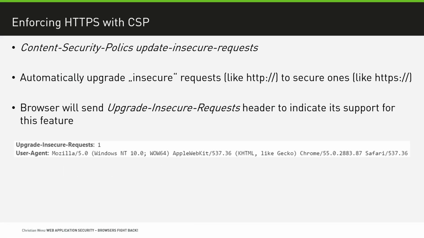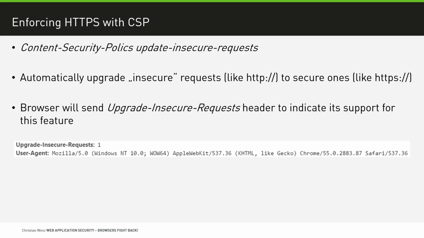You could also use content security policy to enforce HTTPS. There is a directive for content security policy called upgrade-insecure-requests, which basically does the same thing. So if on your website you load a resource or you have a link, and the link uses HTTP, then upgrade-insecure-requests automatically turns this into HTTPS when the user clicks on that.